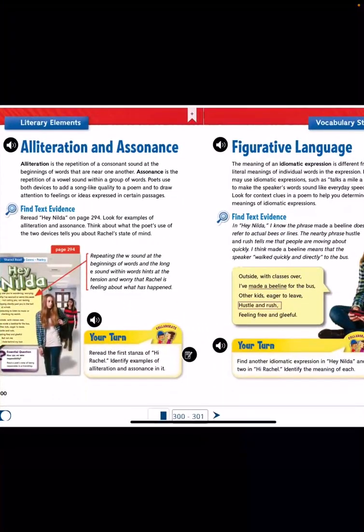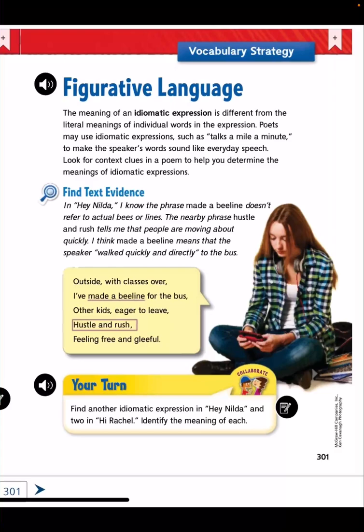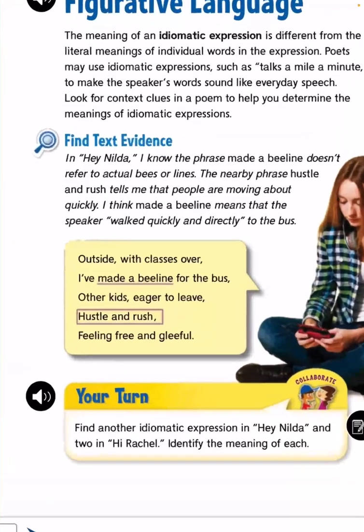Okay. And then you have figurative language, otherwise known as an idiomatic expression or an idiom. It's when you take words that have a different meaning than the literal meaning of the individual words. So if you see talks a mile a minute, that doesn't mean anything to do with distance. It just means that the speaker is speaking very fast. In this case, they give you some examples.